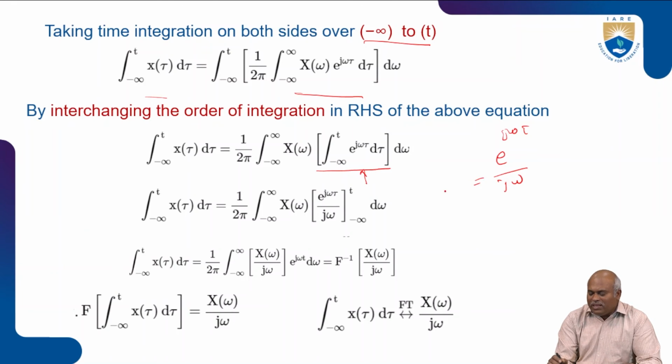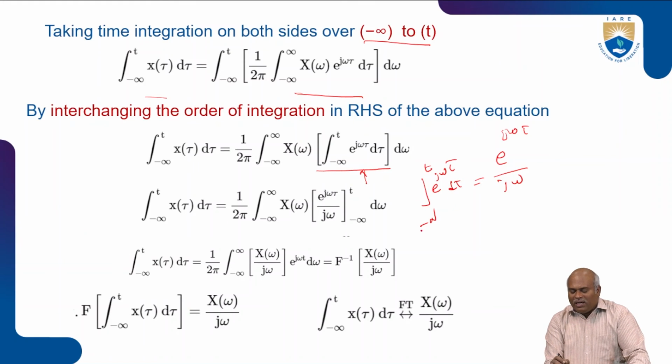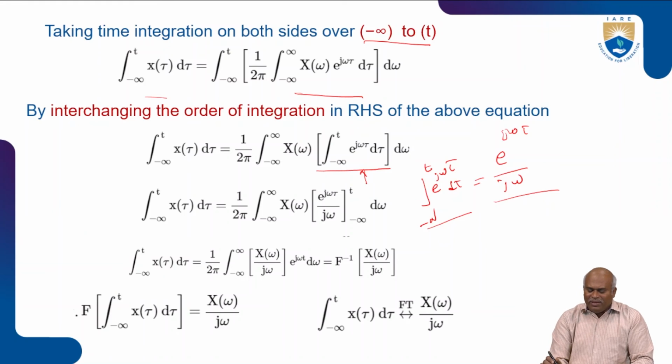Substituting the limits of minus infinity to plus t, we get e power j omega t divided by j omega.